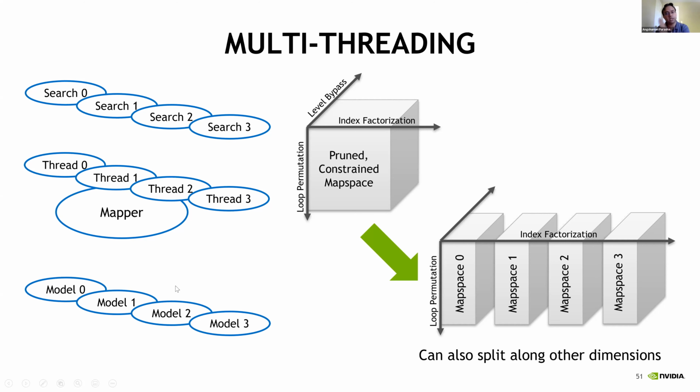And each search heuristic runs an independent copy of the model. And so you've got a very, very multi-threaded parallel search going on. And by default, the mapper application is going to query the host CPU for the number of available hardware threads it has, and it's going to fork that many mapper threads.